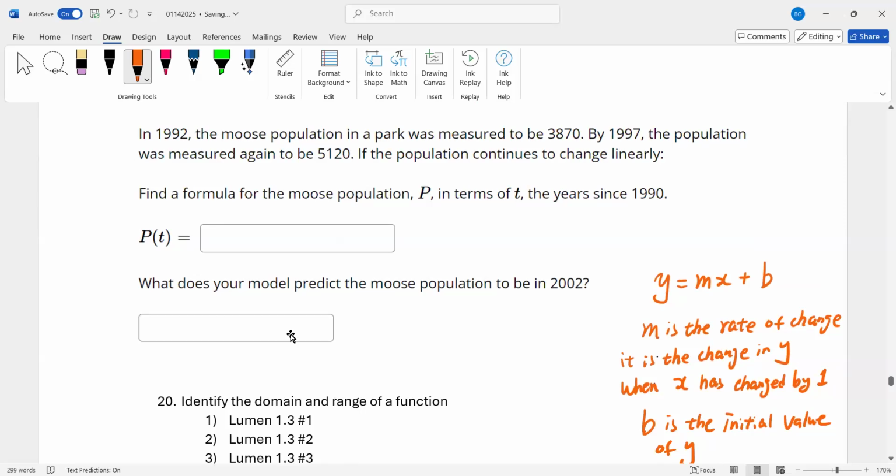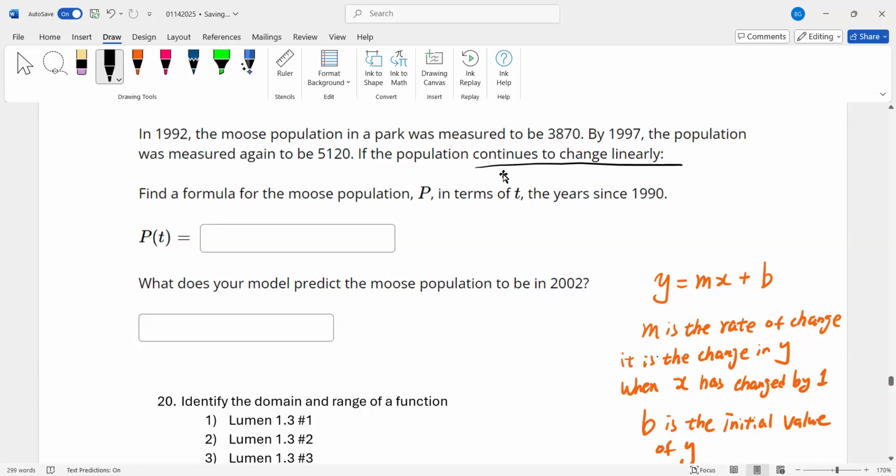So now let's look at a word problem or an application problem. In 1992, the moose population in a park was measured to be 3,870. By 1997, the population was measured again to be 5,120. If the population continues to change linearly, this is important information.